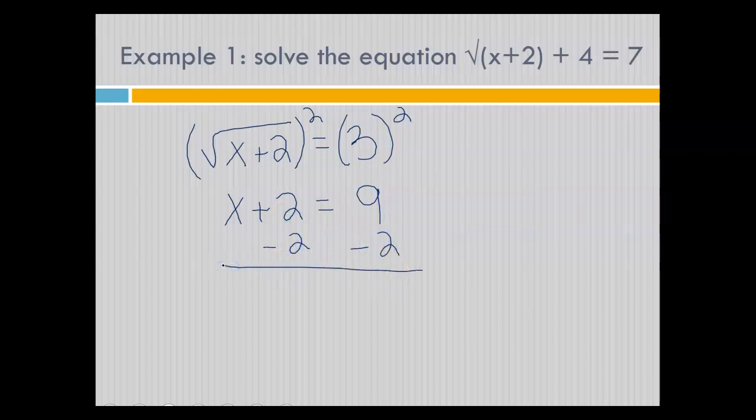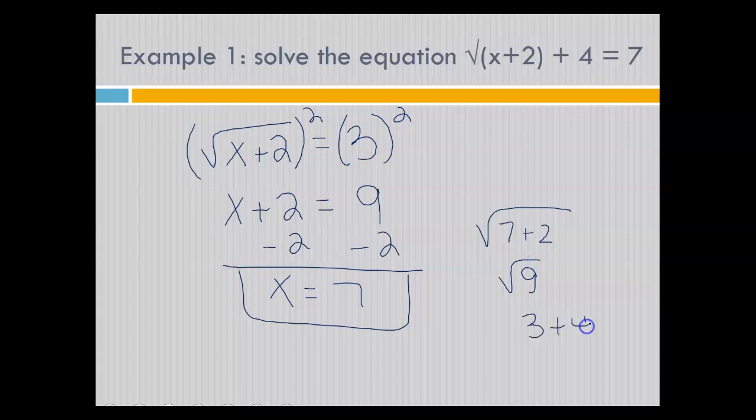Subtract 2 from 9 and you get x equals 7. You can check by plugging 7 back in: 7 plus 2 is 9, square root of 9 is 3, and 3 plus 4 is in fact 7.